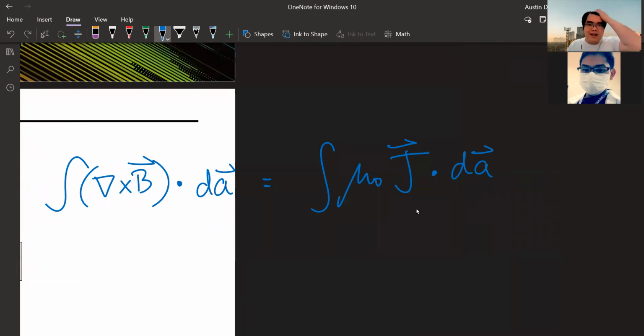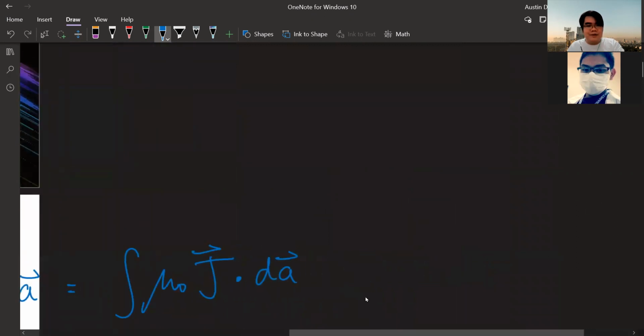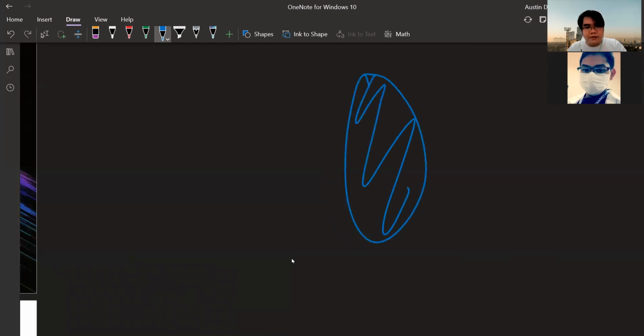Imagine natin itong J dot dA. So, suppose you have some area, hindi siya closed, no? So, we can say na meron kang circular area. So, this is your dA.